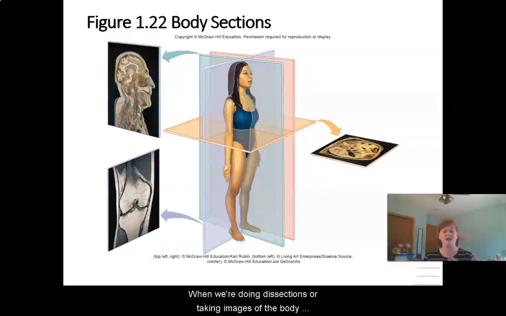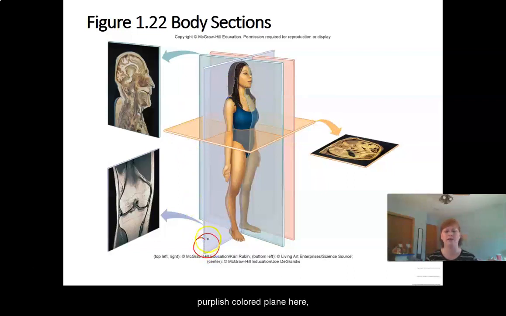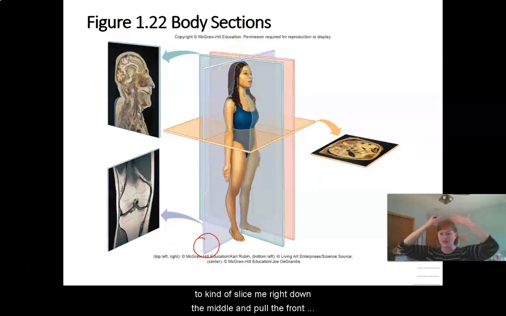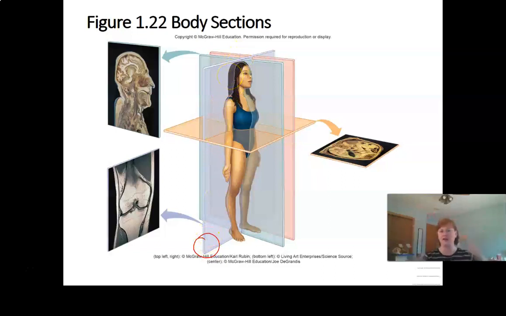When we're doing dissections or we're taking images of the body, we're going to do these in different planes. If I am separating the front of my body from the back of my body, so we're using this kind of purplish colored plane here to slice me right down the middle and pull the front away from the back, then we are using a frontal plane.